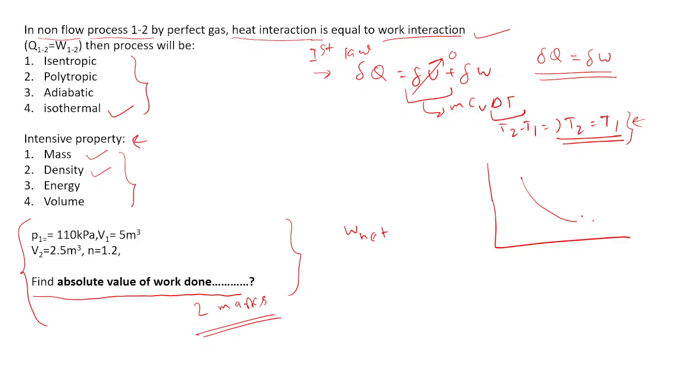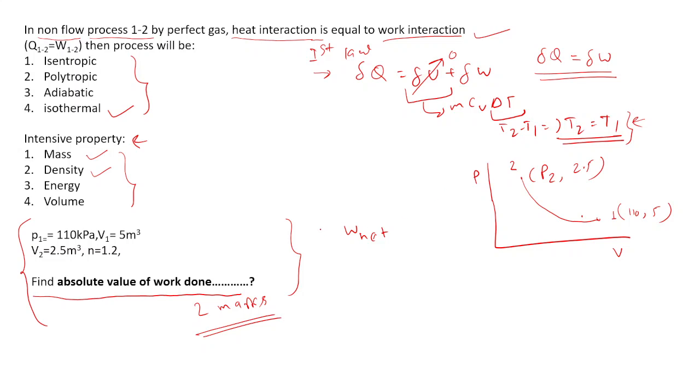Suppose this is the first point and this is the second point. Here pressure is 110, then P2 is 252.7, and V2 is 2.5.